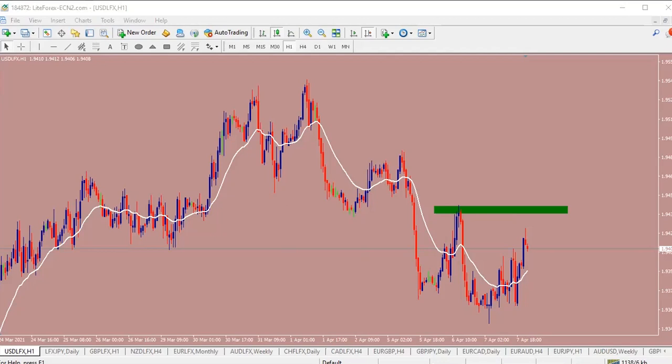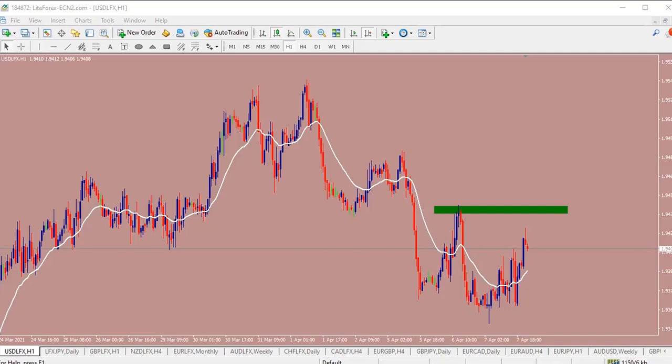For us, daily is our primary. For us to have a daily trend, there must be a 1 hour break of market structure. Are you getting it?